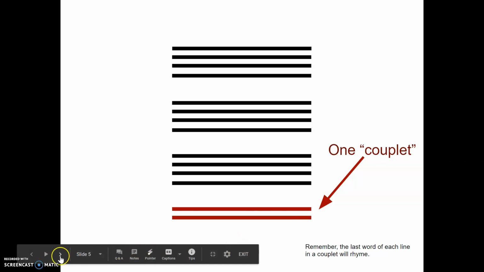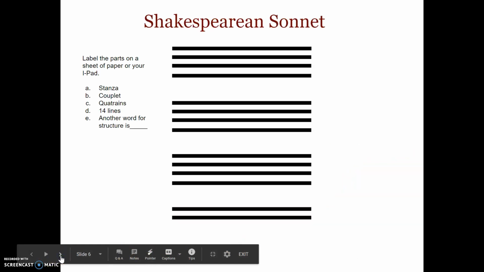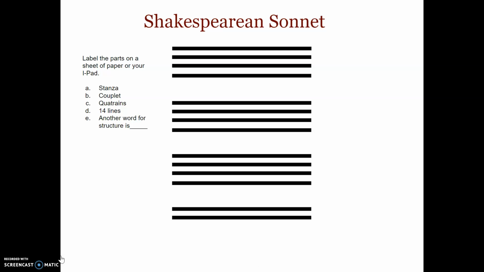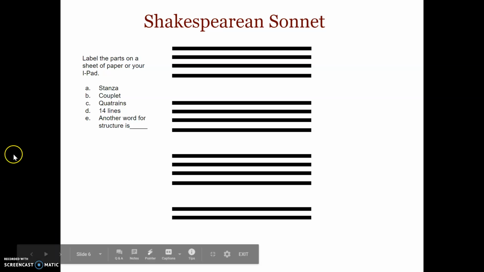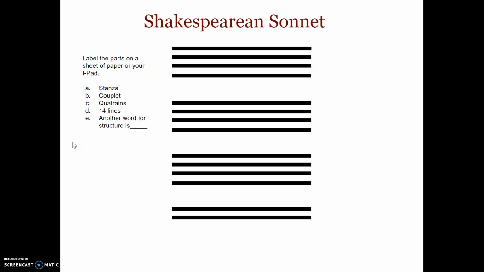So let's go to our final slide. Final slide. Now, we just went over plenty of information, and I'd really like you to think about it. It'll help you remember the information if you go back and you review what we just learned. Just 10 minutes of focused reviewing will help, okay? So what I would like you to do is take a look at what I have up here, and I want you to try to identify the parts in the Shakespearean sonnet.